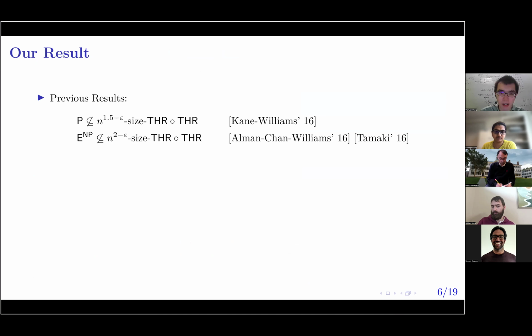Okay, now we are ready to present our result. Let's first see the previous results. For explicit functions in P, we know that they cannot be computed by n^1.5 size threshold circuits. And with the algorithmic method, we have that E^NP cannot be computed by n^2 size threshold circuits. This E^NP lower bound is just by designing an n^2 size algorithm.